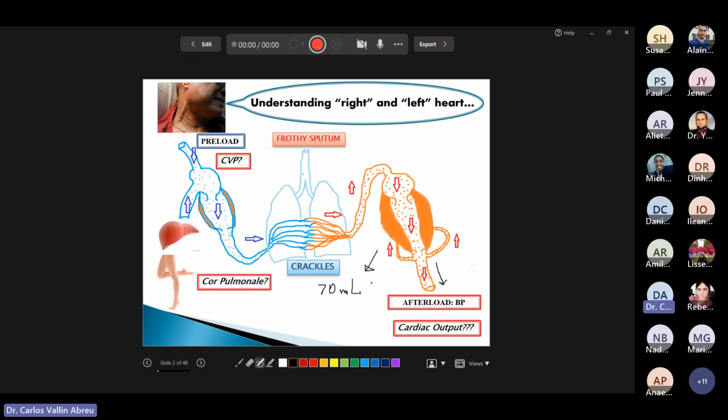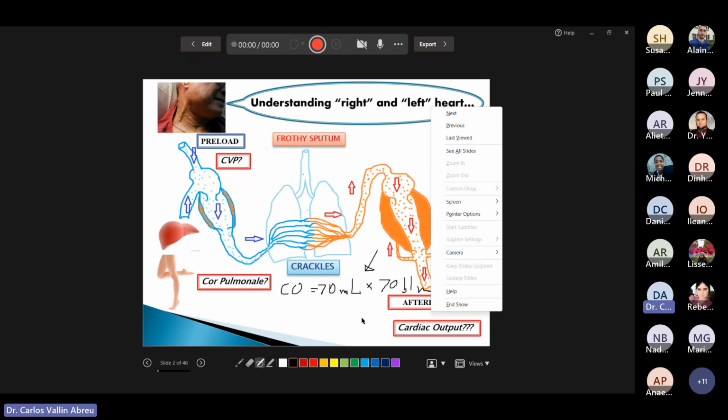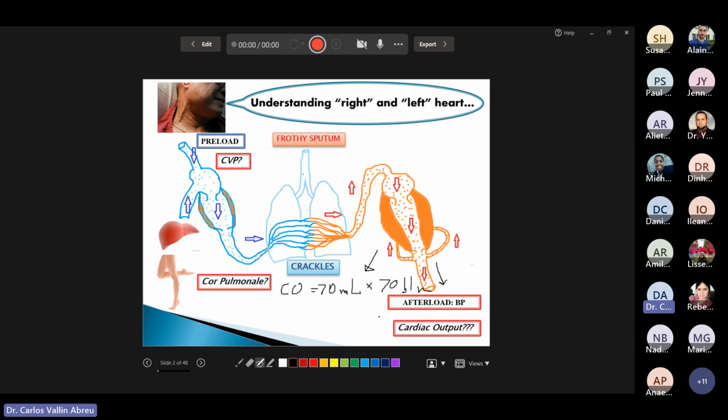And on average, most of us have at rest a heart rate of around 70 beats per minute. So you have 70 beats in 1 minute. If you multiply this, you have the calculation, the concept of cardiac output that was invented by the physiologists.